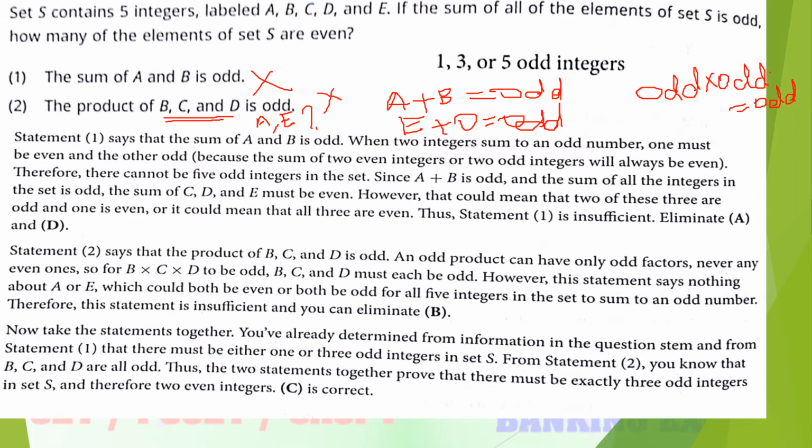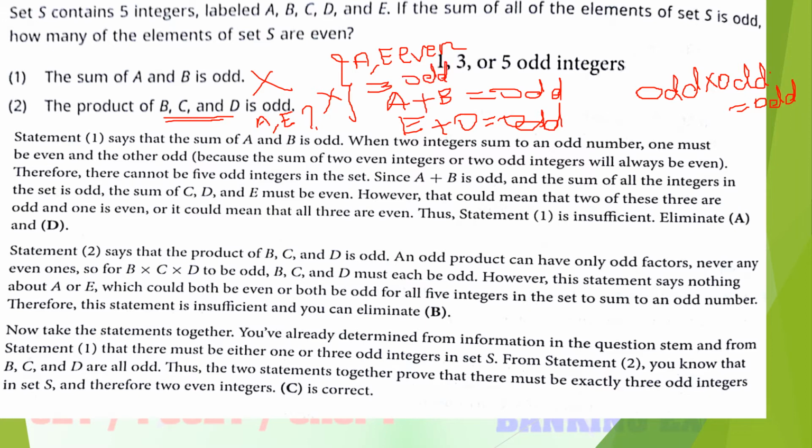If you club together these two statements, you can easily tell that A and E are even, and the remaining three are odd. Why?